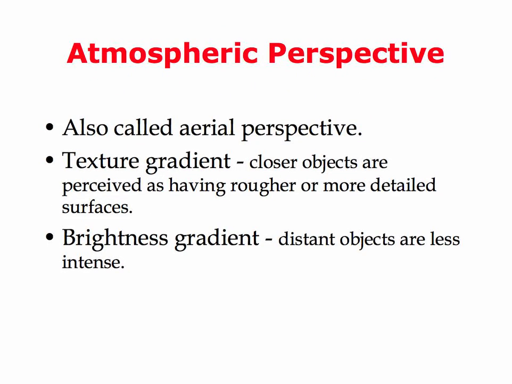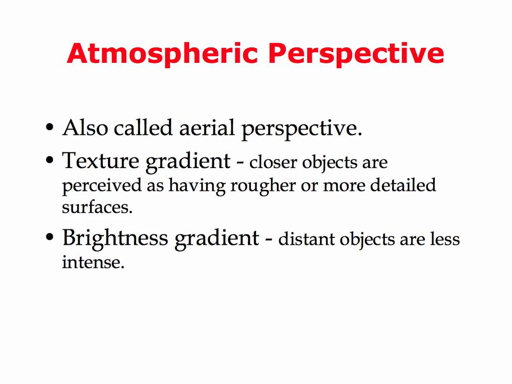Another kind of perspective is atmospheric perspective, also called aerial perspective. In atmospheric perspective, there's sort of a texture gradient where closer objects are rougher or more detailed, whereas distant objects get more blurred and softer.